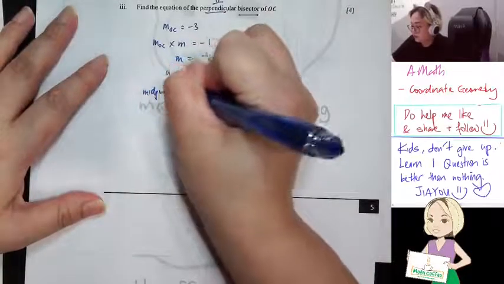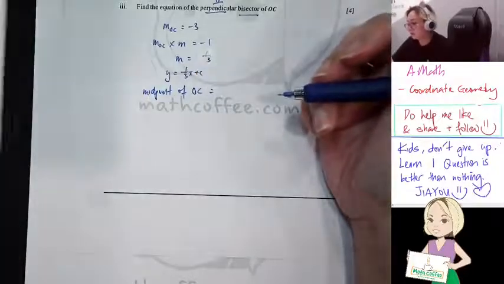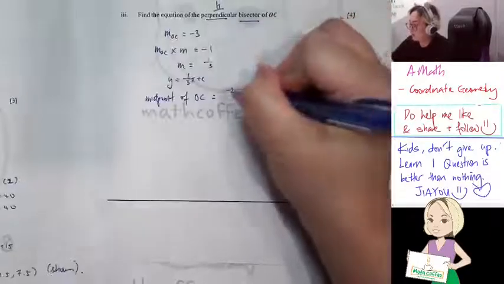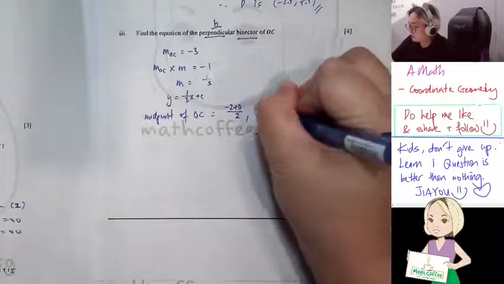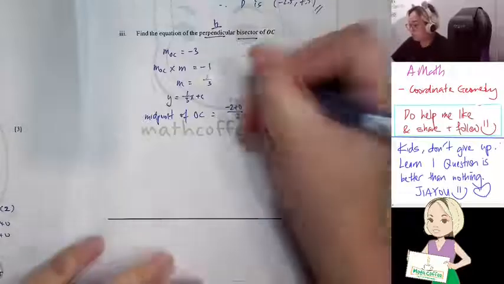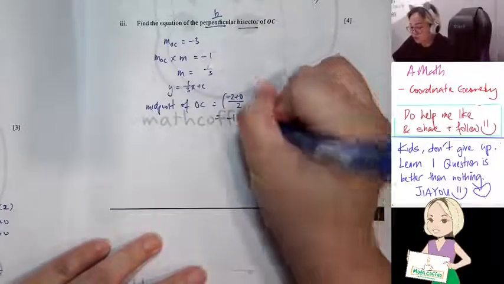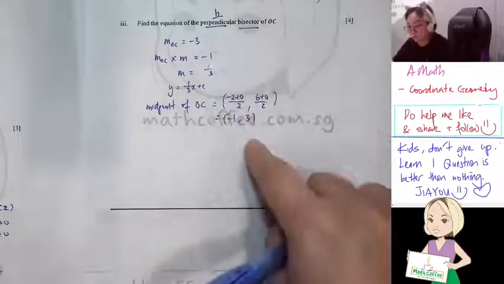You just take the x coordinates: minus 2 plus 0 divided by 2, and 6 plus 0 divided by 2. That means x1 plus x2 divided by 2, y1 plus y2 divided by 2. So in the end, you get negative 1 and 3.